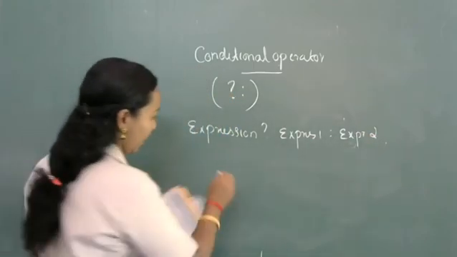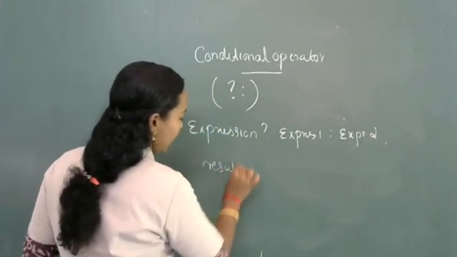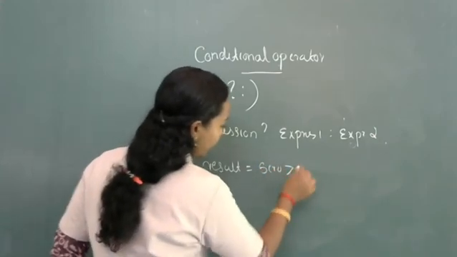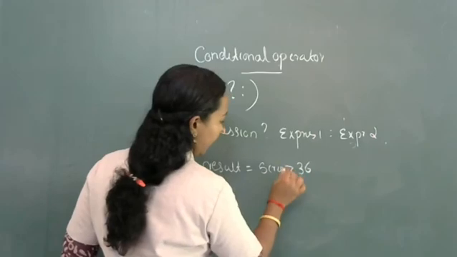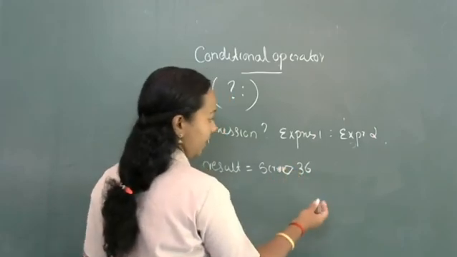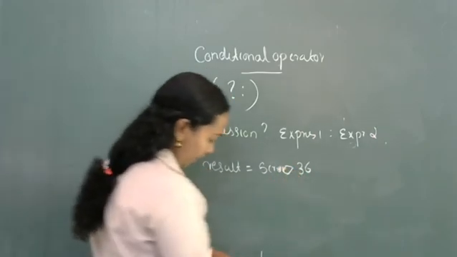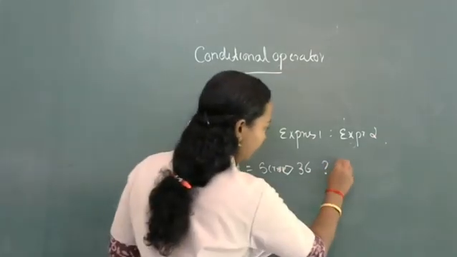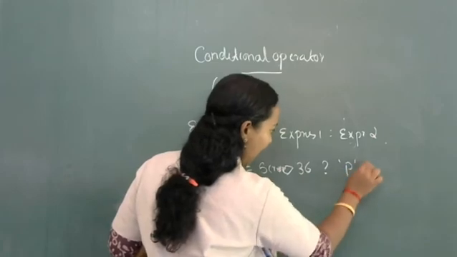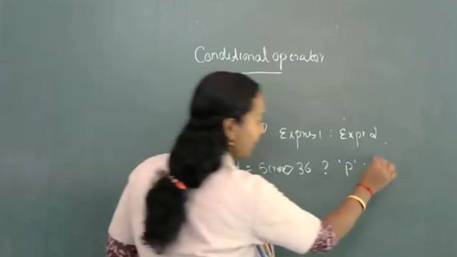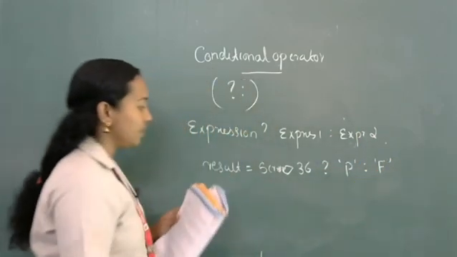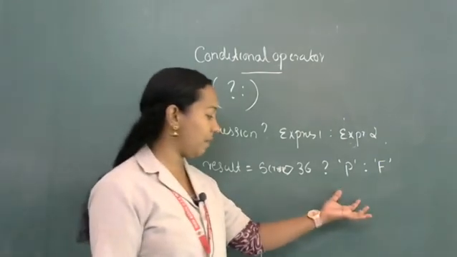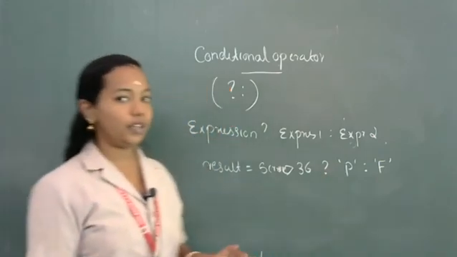Okay, we will write one example. Result is equal to score greater than 36, question mark, then the student passed, otherwise, the else part, failed. If the score is greater than 36, the student passed, otherwise the student failed.